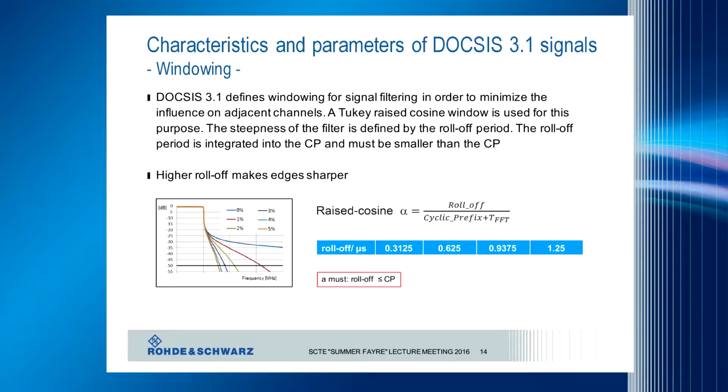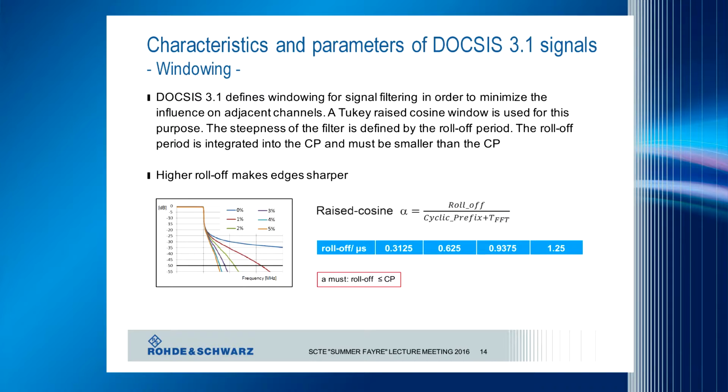The filtering can be done with different values, from low filtering to high filtering, and you can see here the different effects of the filtering. If you are using a very low value for the filtering, you would have a wide spectrum. If you do the filtering with higher values, of course, the spectrum would be sharper and the edges would be sharper, and the influence on the neighboring or adjacent channels would be lower.